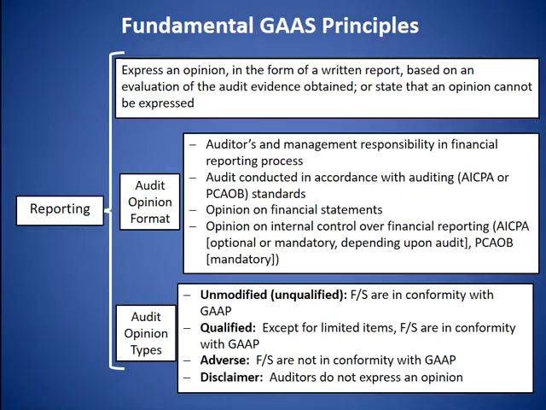Remember, these aren't standards, these are fundamental principles. In reporting, one of the principles is to express an opinion in the form of a written report based upon an evaluation of the audit evidence obtained, or state that an opinion cannot be expressed. In other words, if we can't obtain sufficient and competent audit evidence, we've got to state in our audit opinion that we can't express an opinion.